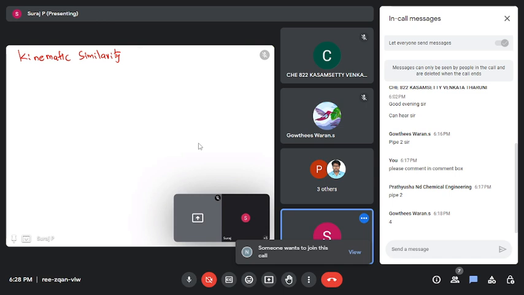In the previous slide we saw geometric similarity, and in this slide kinematic similarity. The ratio of the x-axis and y-axis velocity at this pipe will be equal to that ratio in this model pipe.